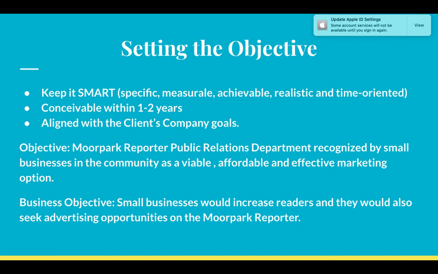So the objective for their public relations department is outreach so that they're actually known as a public relations standard for small businesses in their surrounding community. The business objective would be that small businesses would increase readers and they would also seek advertising opportunities with the Moorpark Reporter. So there's a goal to build and enhance the public relations department at Moorpark Reporter, as well as create existing relationships with the community.